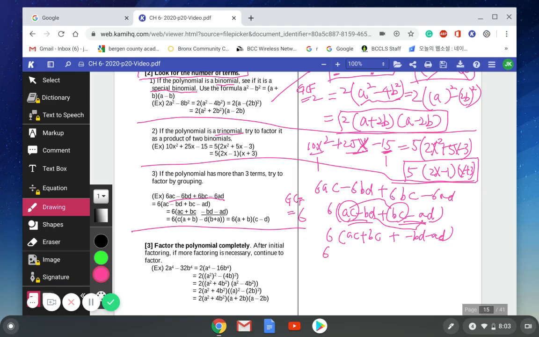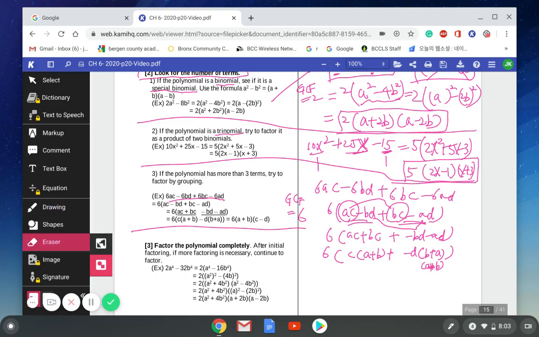And then you factor by C, A plus B, and factor by negative D, and you have B plus A. But B plus A and A plus B are the same according to the commutative property. As long as they are plus, you can switch the order if you want. So it becomes A plus B only because it has to match the first group term.